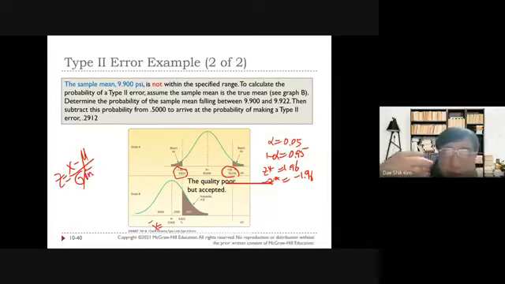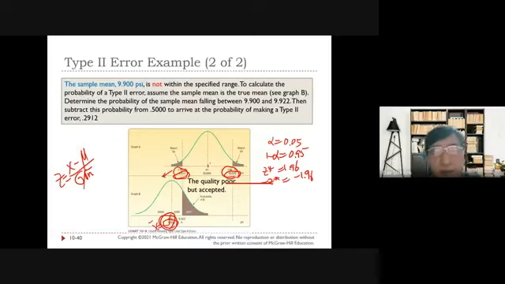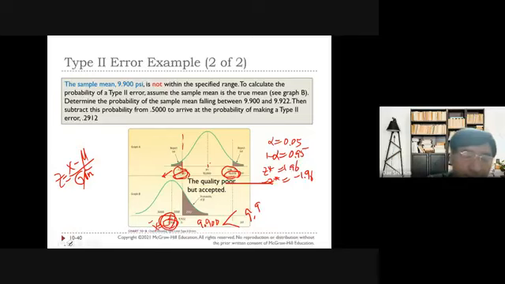And then we recalculate this number. But 9,900 is totally different. This value is much lower than this boundary, 9,922.